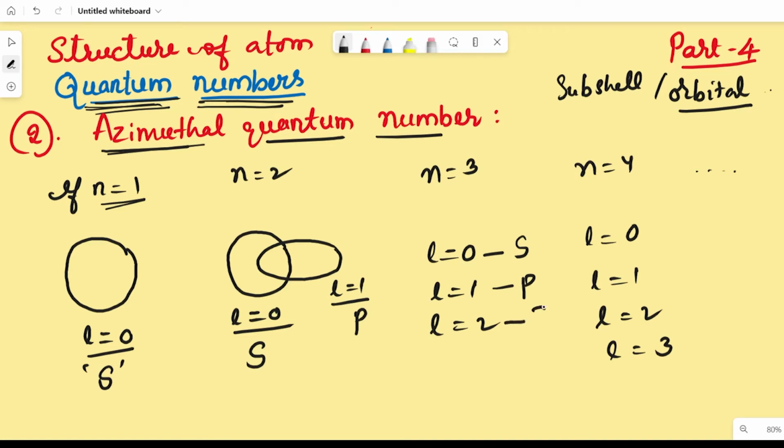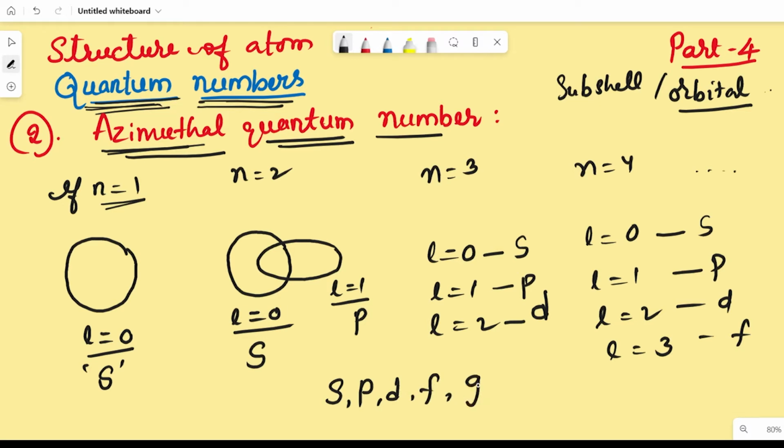L is equal to 2 means the D orbital, and then F. So L = 0, 1, 2, 3 correspond to S, P, D, F, which means the azimuthal quantum number is explaining the orbitals. There are orbitals S, P, D, F, G and so on. Again, it indicates the shape of the orbitals and how many orbitals are present in an orbit. So this azimuthal quantum number explains all those things.